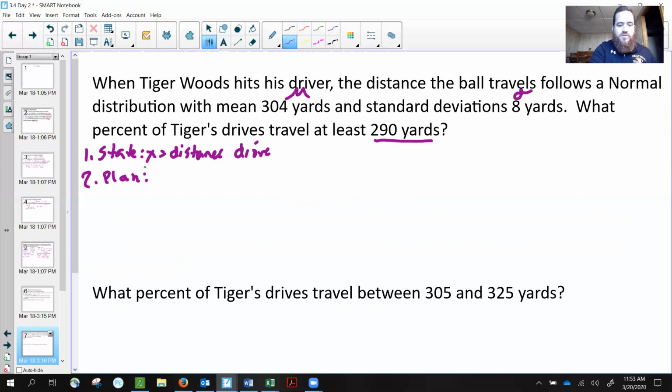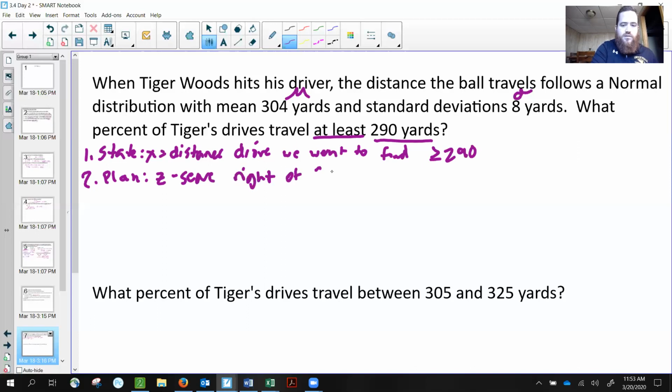We want to find greater than, because at least tells it that 290 is the smallest, greater than or equal to 290. So plan, our plan is to find the z-score to the right of 290. So our first step is to find that z-score.